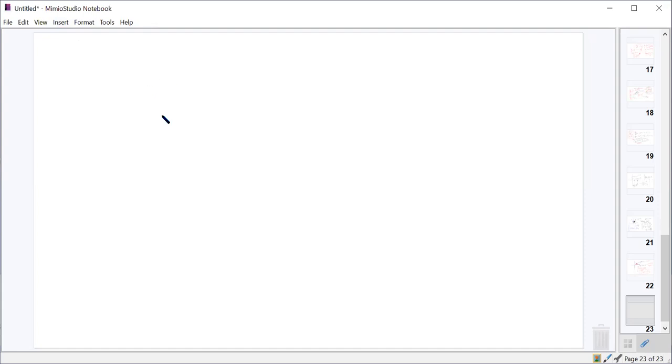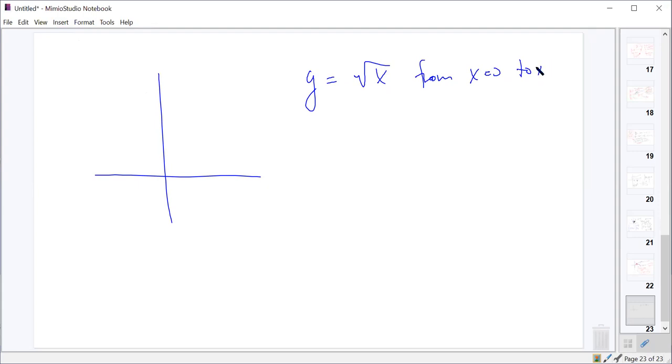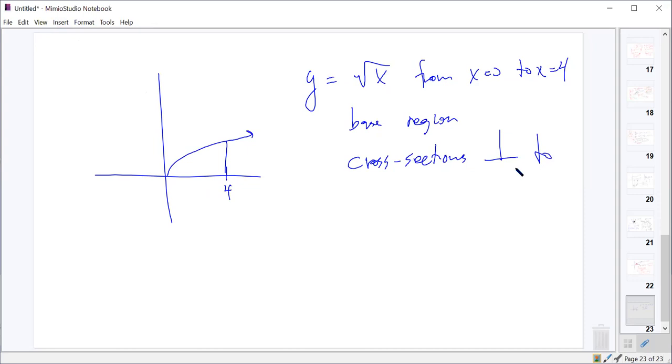So I might have something where y equals the square root of x from x equals 0 to 4, is the base of a region. And the cross sections perpendicular to the x-axis, we'll just make this easy to start with, are squares. Okay. And we want to find the volume.